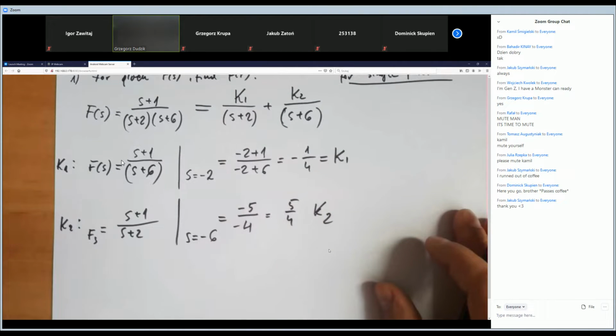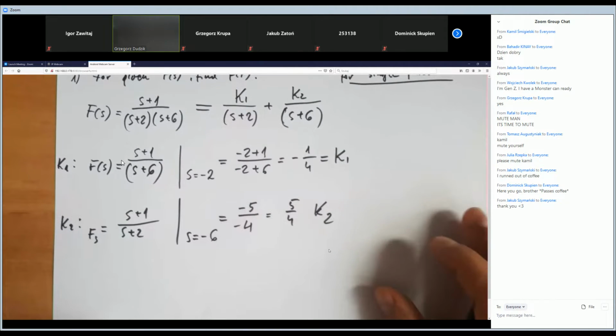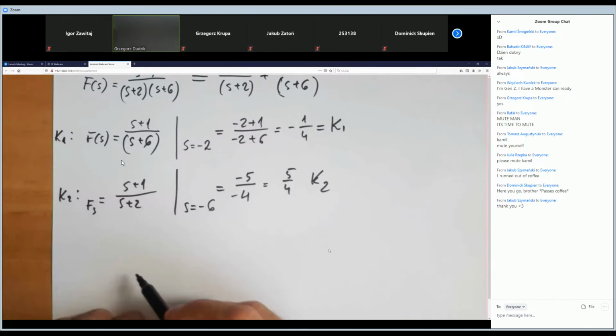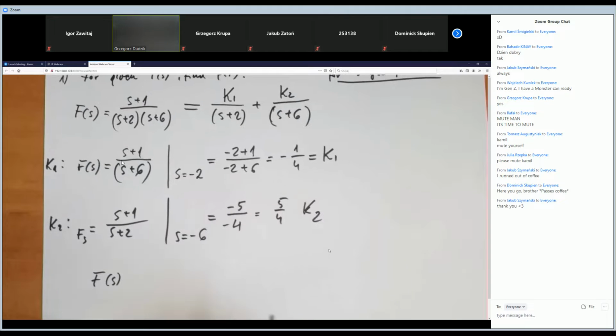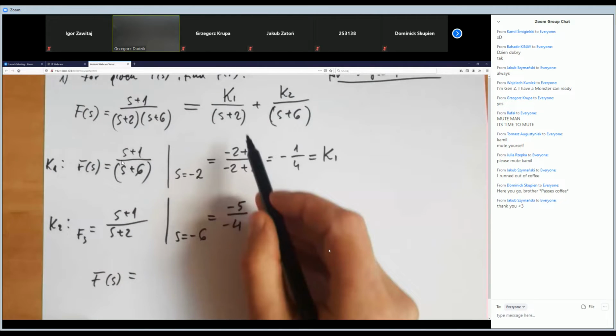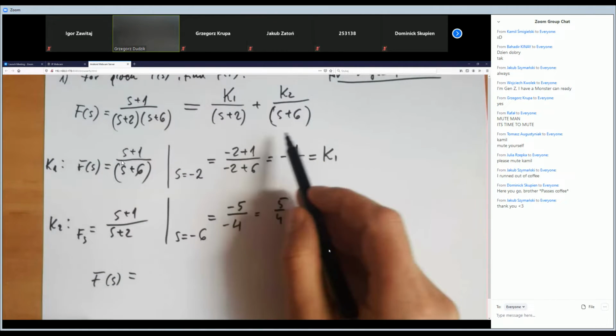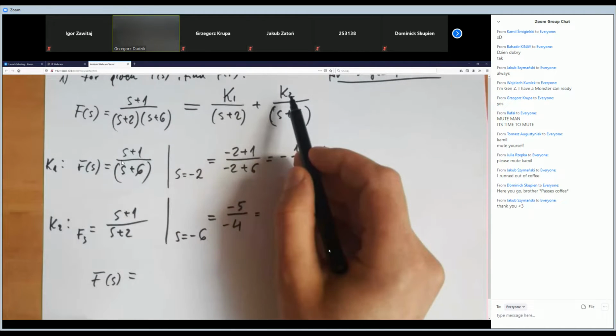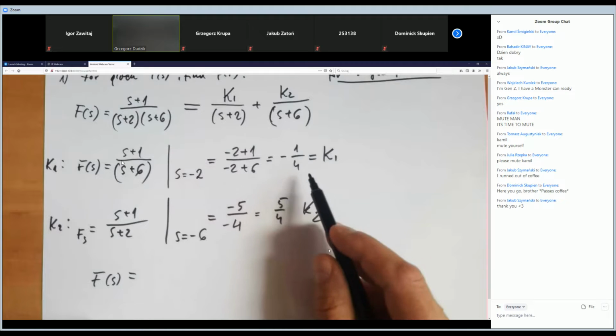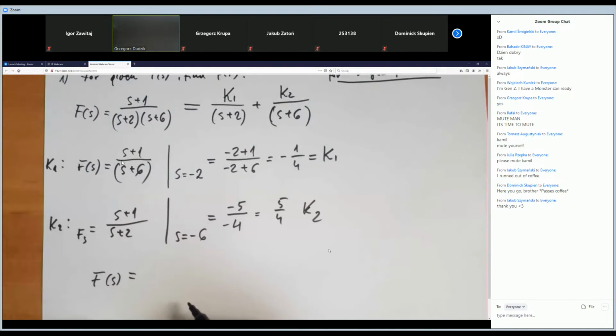Okay, so now our F(s) function is given by that formula, where for k1 and k2 we have to substitute the values which were previously calculated.